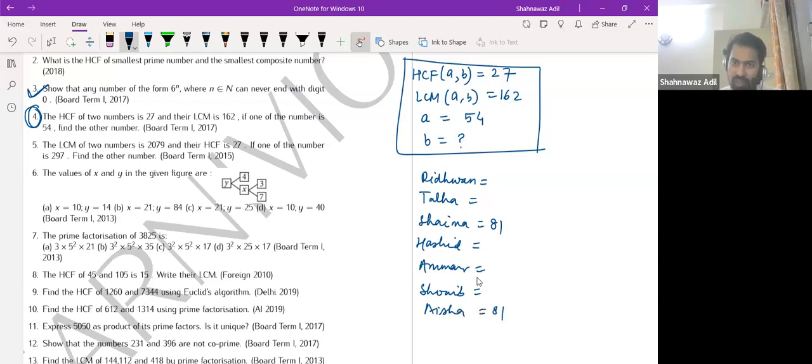Shoaib also says 81. Talha, Harshit, you are there. Please do the other question as well. So Harshit also got 81. This is just for practice purposes, to reduce our calculation mistakes. This is the idea.